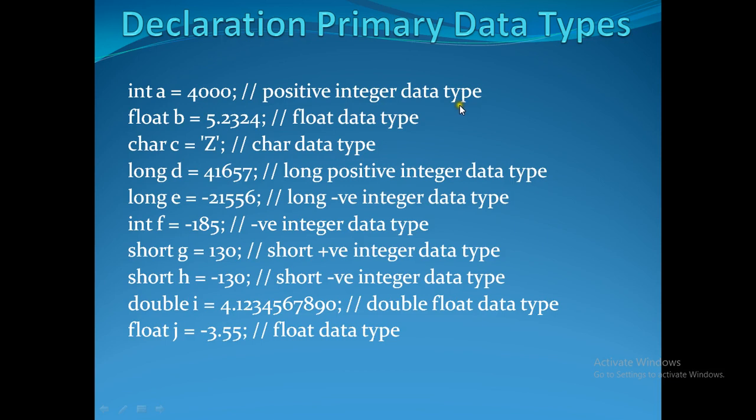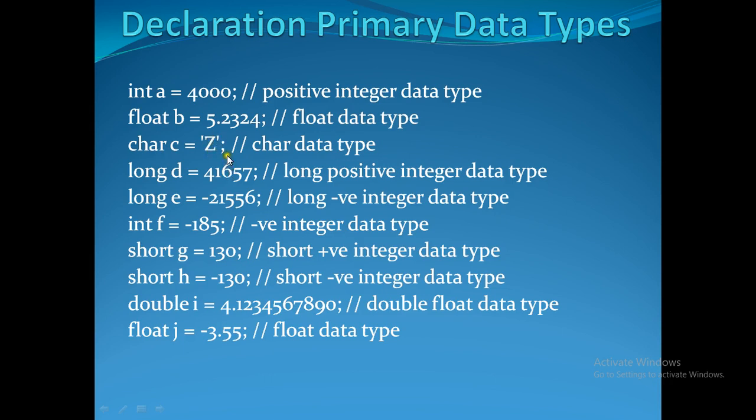Float, remember, decimal points are mentioned here. Float b = 5.2324, a float data type. Character: if you want to store a character, then we declare like this: char c = 'Z', capital Z or small z, it's case sensitive.